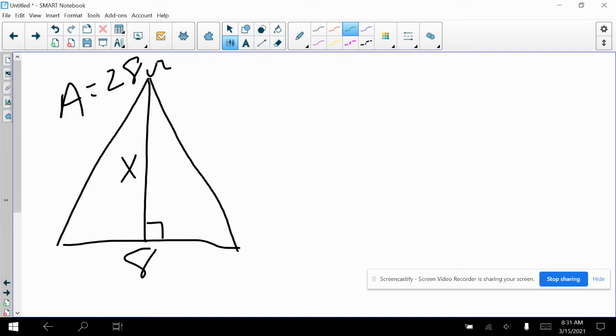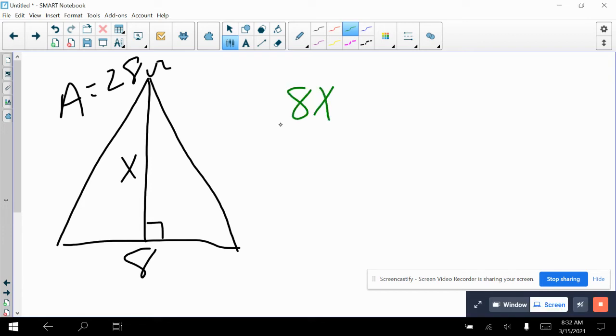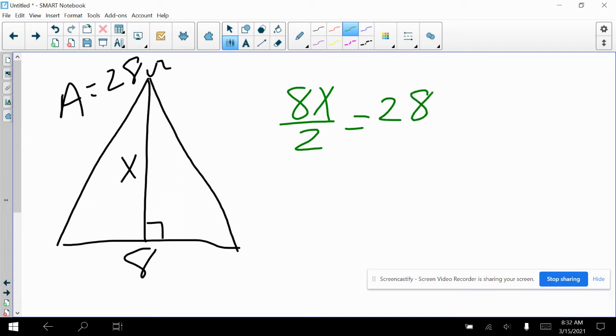Michael? 8x divided by 2 is equal to 28. Is that what you said, I believe, right? Yes? Okay. How many of you like Michael's equation? Yeah, he's right. He's absolutely right.